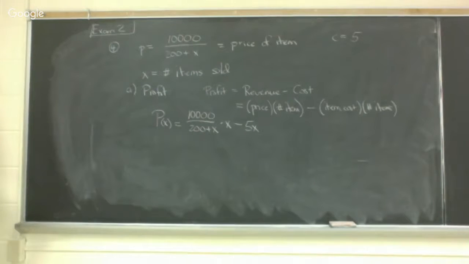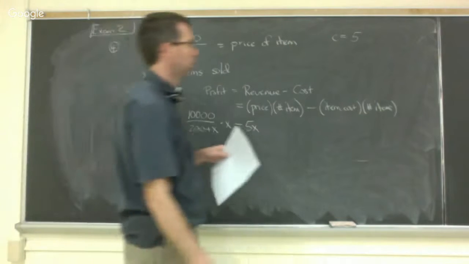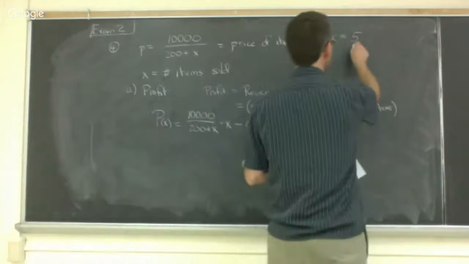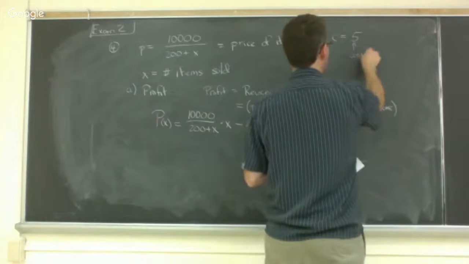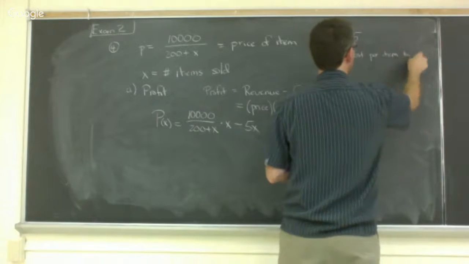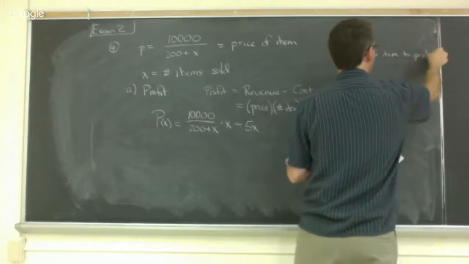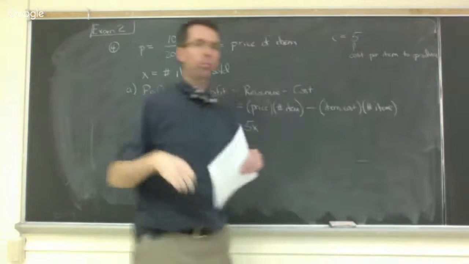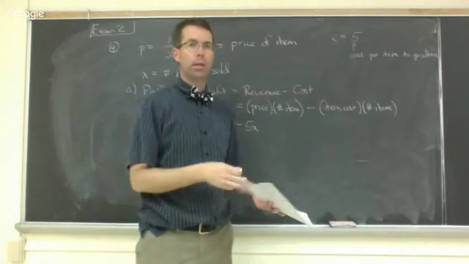Okay, so that's our profit. Correct. Yeah, so this was the cost per item to produce. When they talk about cost, they're talking about manufacturing costs, not the cost to the consumer.